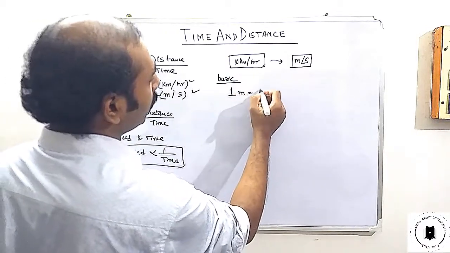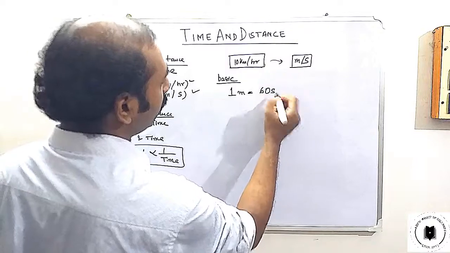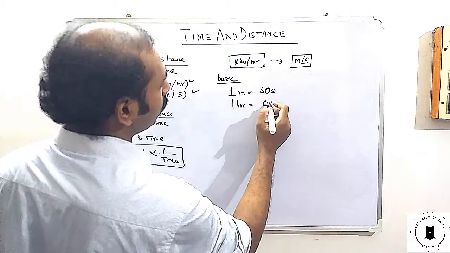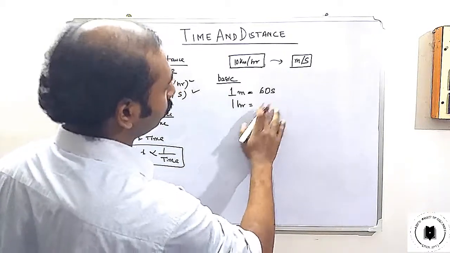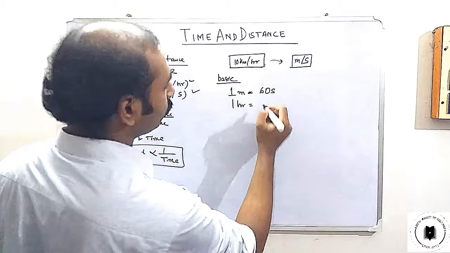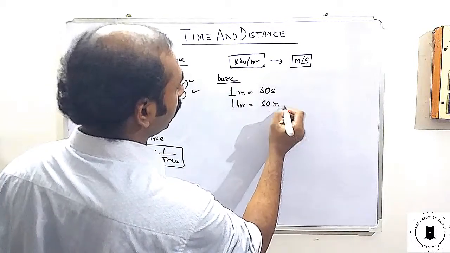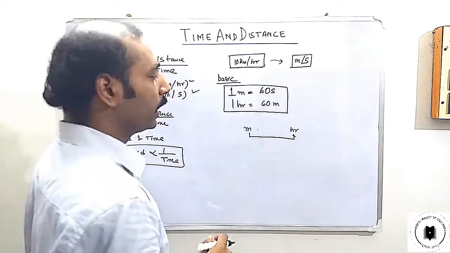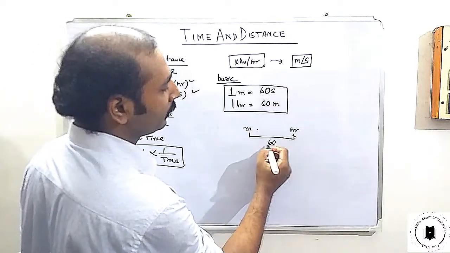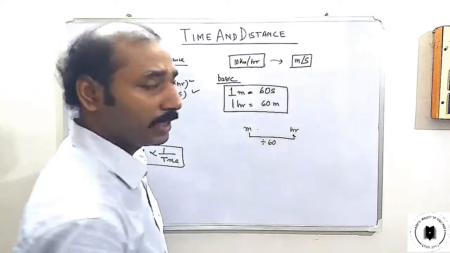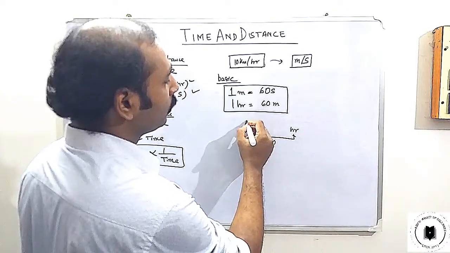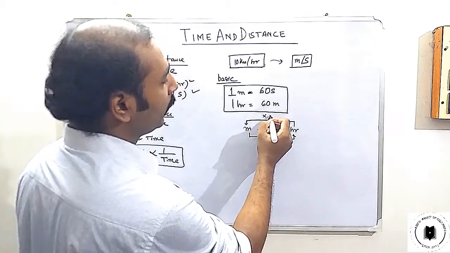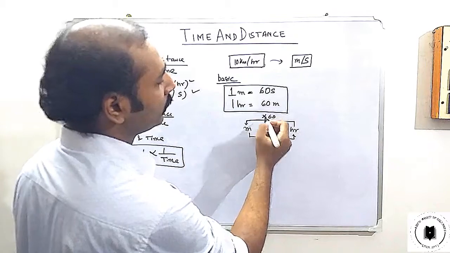One minute equals 60 seconds, right? And 1 hour equals 60 minutes. So if we need to change minutes to hours, we can divide by 60. And if we need to change hours to minutes, we can multiply by 60.